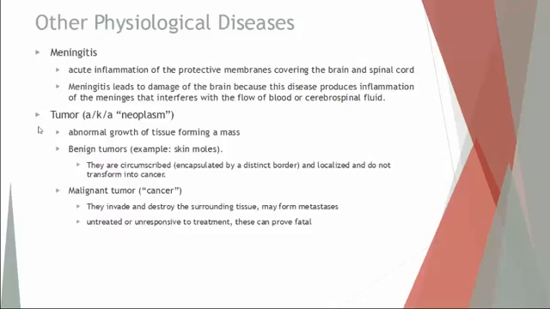You have two different types of tumors. You have benign and malignant. Benign is what you would prefer to have if you had to choose between these two. Benign means that they are not cancerous. And a good indicator is that they are circumscribed, enclosed by a very distinct border, and they don't develop into cancer. Skin moles are a good example.